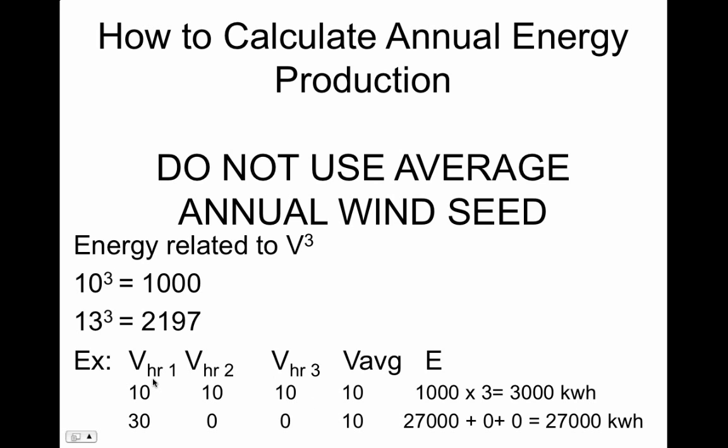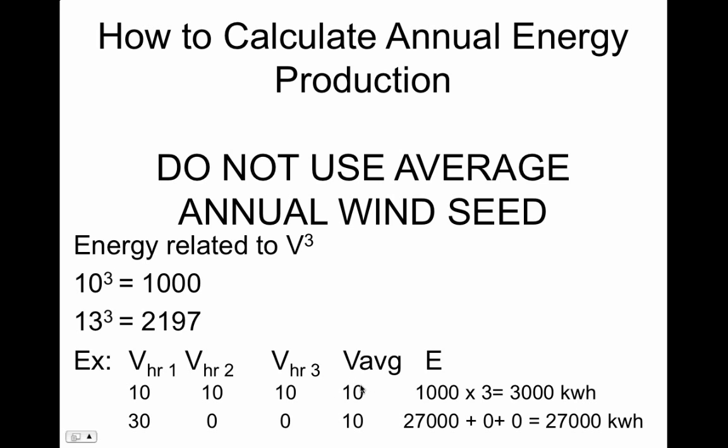But let's look at the wind turbine output over 3 hours: hour 1, hour 2, and hour 3. In a scenario where the average wind speed in hour 1 was 10 miles per hour for the whole hour, in hour 2 it was 10 miles per hour for the whole hour, and in hour 3 it was 10 miles per hour for the whole hour. So 10 miles per hour constant for all 3 hours.